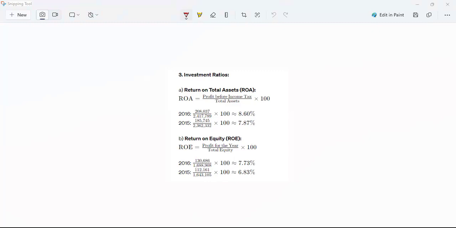Here it indicates how well the company is utilizing its assets. Kandolo Limited has increased profitability from 7.87 to 8.6. This suggests that there's an improvement. The company is more efficient in generating profits from its total assets.